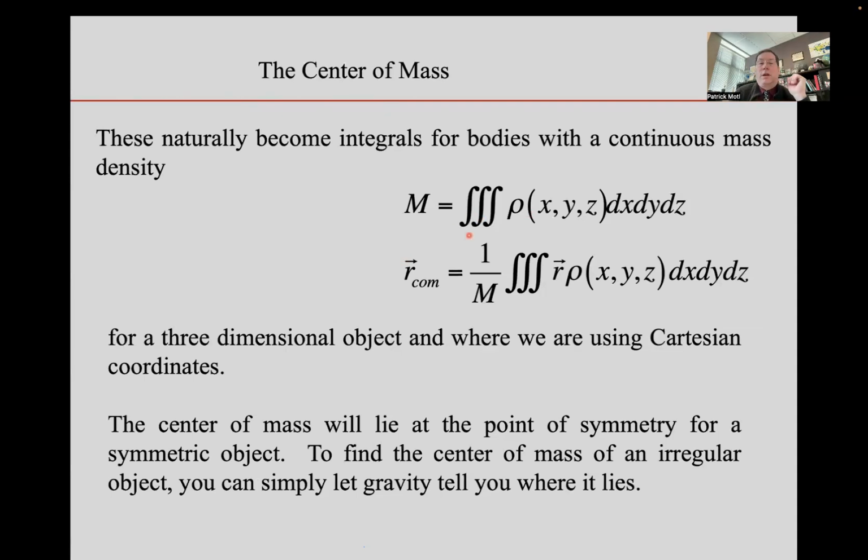But this can get sort of tricky because your boundary terms, the upper and lower bound for each of the integrals, could depend on the coordinates themselves. So you have to keep that in mind.